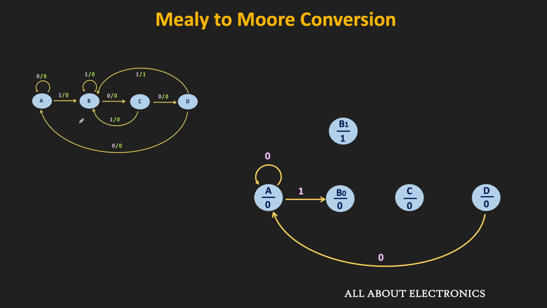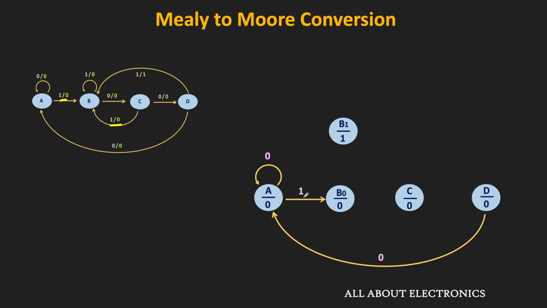So similarly, now let us see all the incoming transitions in the B state. So in the B state, we have total 3 incoming transitions, and out of which, for the 2 transitions, the output is equal to 0. So in these 2 transitions, where the output is 0, those 2 transitions will go to the B0 state. So here, this is the one transition from the A state.